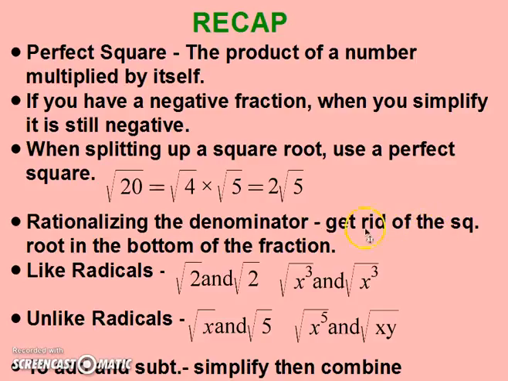Get rid of the square root in the bottom of the fraction. Like radicals. And unlike radicals. And then to add and subtract, simplify, then combine. And that sums up our lesson on square roots.